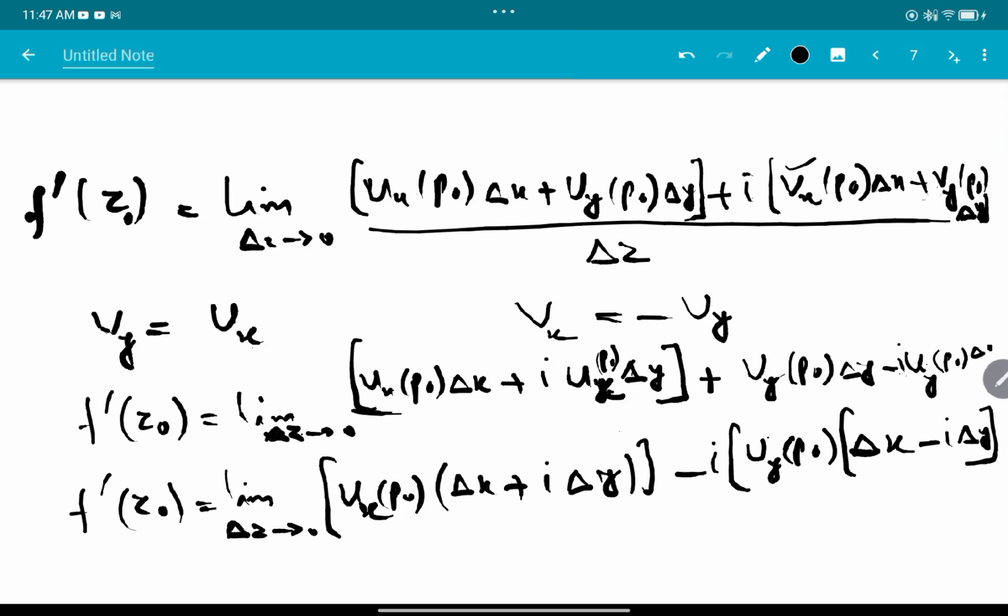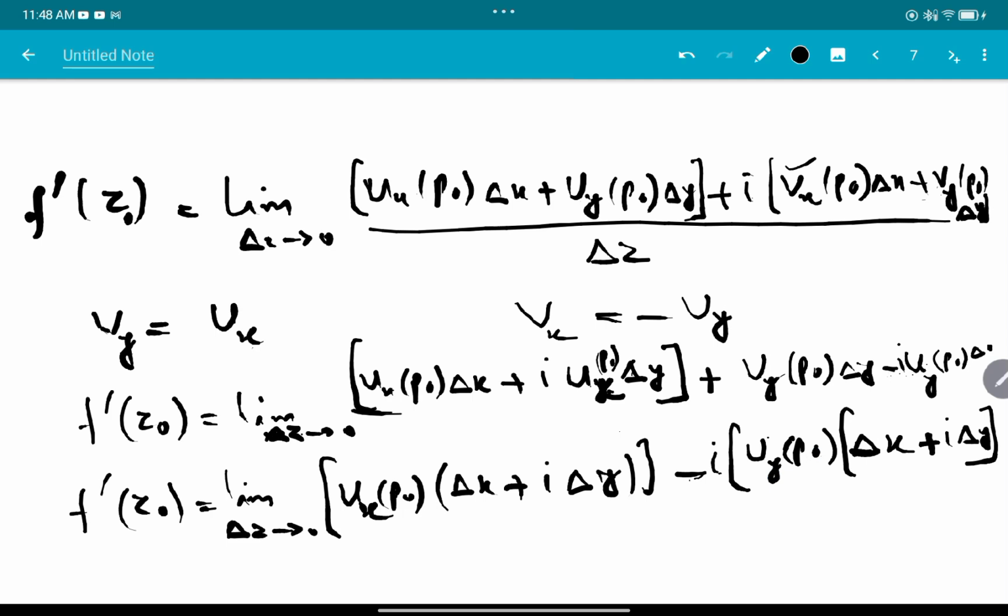Minus minus is plus, i into i square, that is minus 1, so ultimately this will become minus delta x, and that minus you are taking common here, so it automatically is minus i uy at z0 into this. I think you need to verify, simply check it like this.